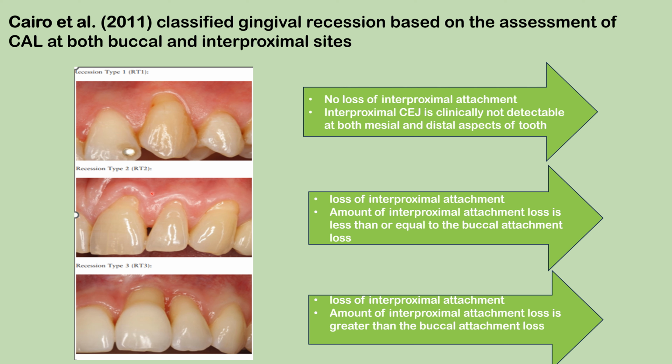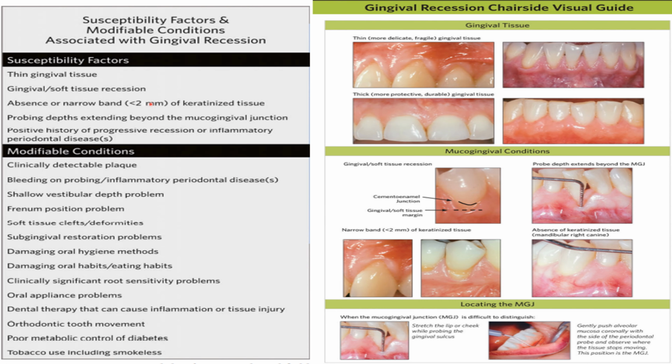Coming to RT2, that is recession type 2: in this there is loss of interproximal attachment and the amount of interproximal attachment loss is less than or equal to the buccal attachment loss. Next is recession type 3. In this there is loss of interproximal attachment and the amount of attachment loss is greater than the buccal attachment loss.